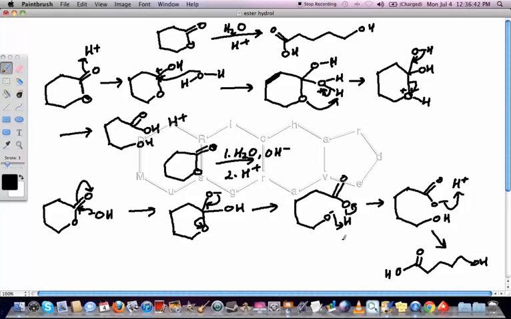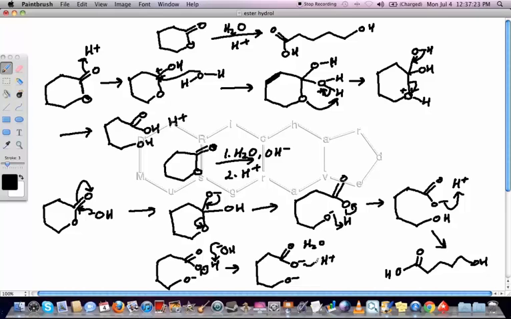Okay, the other way of doing this is at this step here, instead of the O negative coming in and taking this hydrogen, as we discussed with the acyclic esters, it's possible for the OH negative to take the H off the acid, and that'll give us water over here, and then we can have H plus added to both of those, and that will give us our product as well.